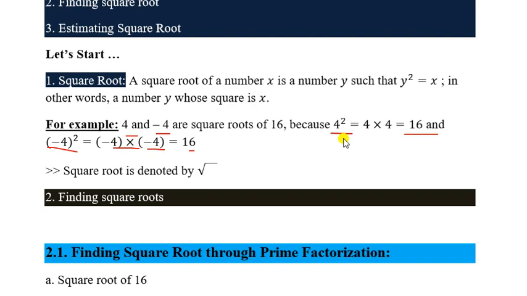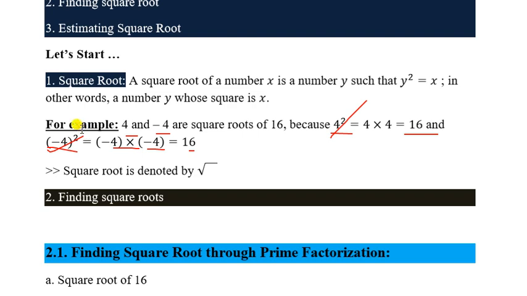The square root of 16 is either 4 or minus 4. We can take both, plus 4 and minus 4, because the square of plus 4 is 16, and the square of minus 4 is also 16. So the square root of 16 will be plus minus 4.